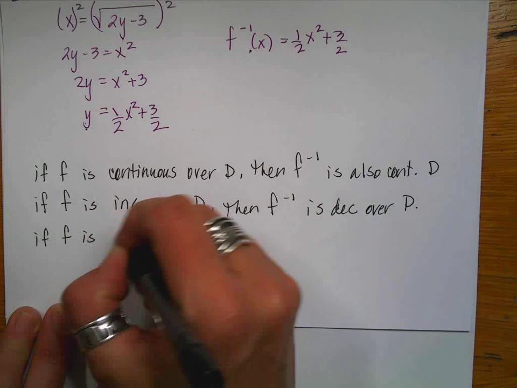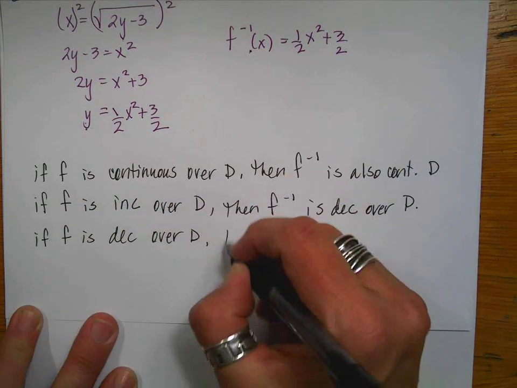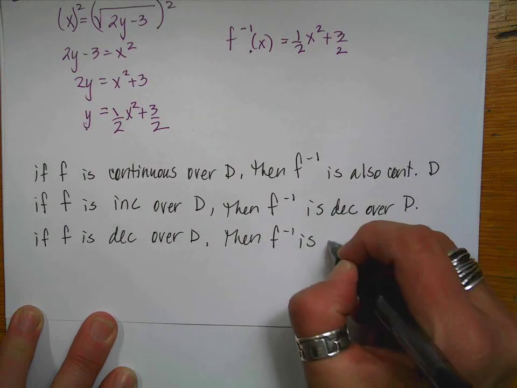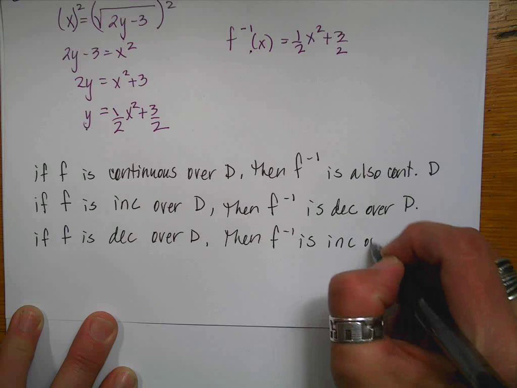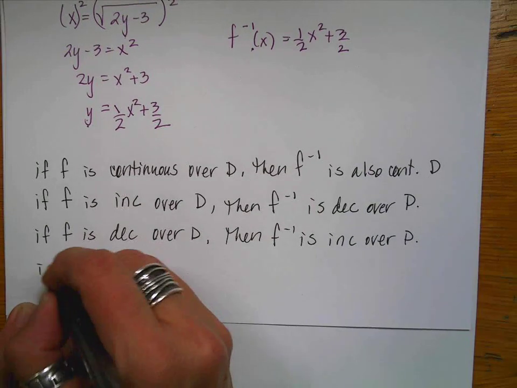The next one says if f is decreasing over the domain, then the inverse is increasing over the domain. Okay?